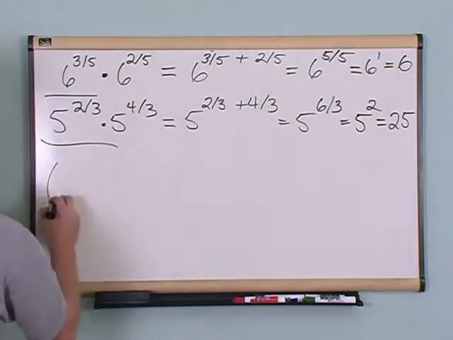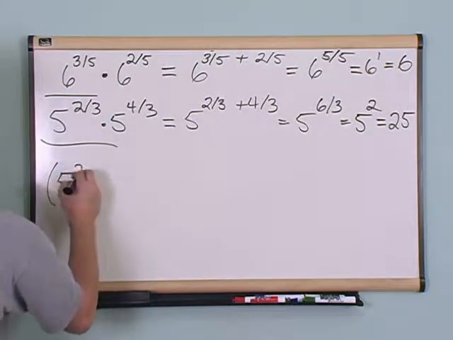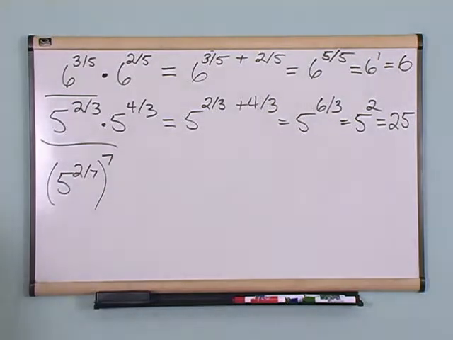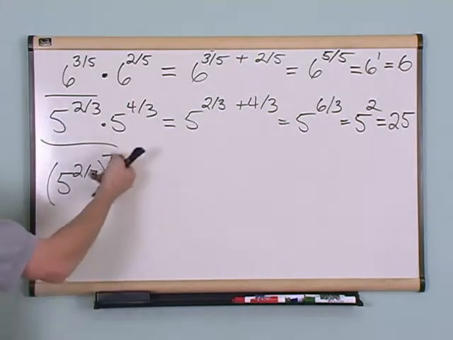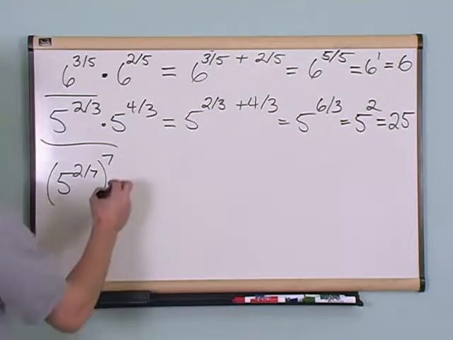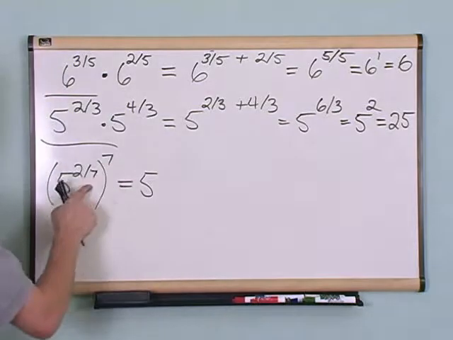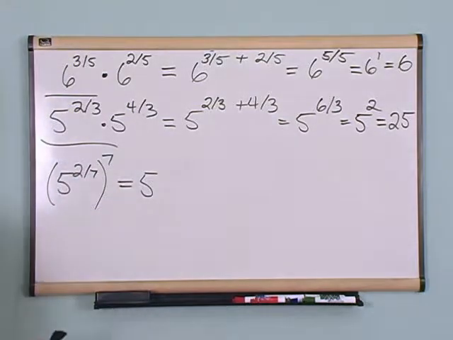And what if you had 5 to the 2/7 all raised to the 7th power? Remember what I told you before, anytime you have something raised to a power and then the entire quantity raised to yet a different power, all you do is you keep the base the same and you multiply these exponents. This is the same thing we were doing earlier.